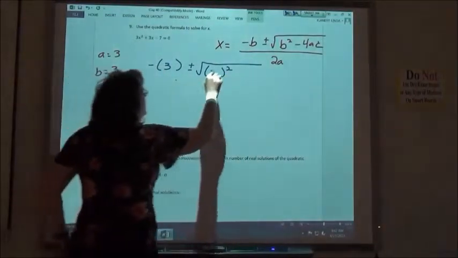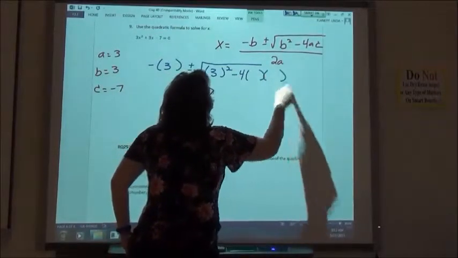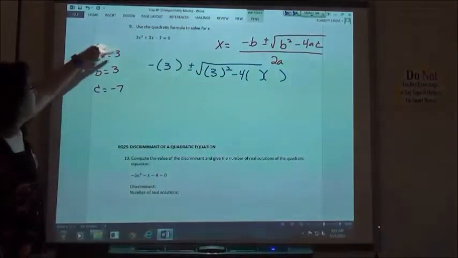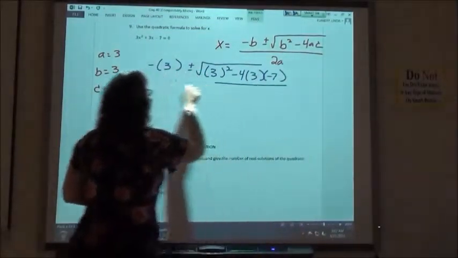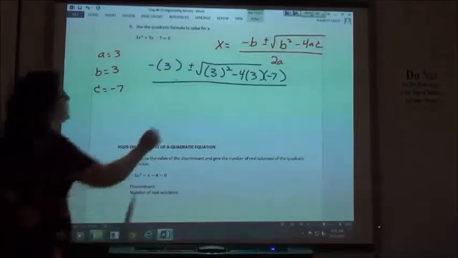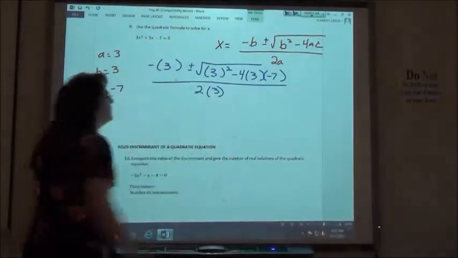The b value is 3 again, minus 4 times the a value times the c value. A is 3, c is negative 7. All over 2 times the a value is 3.